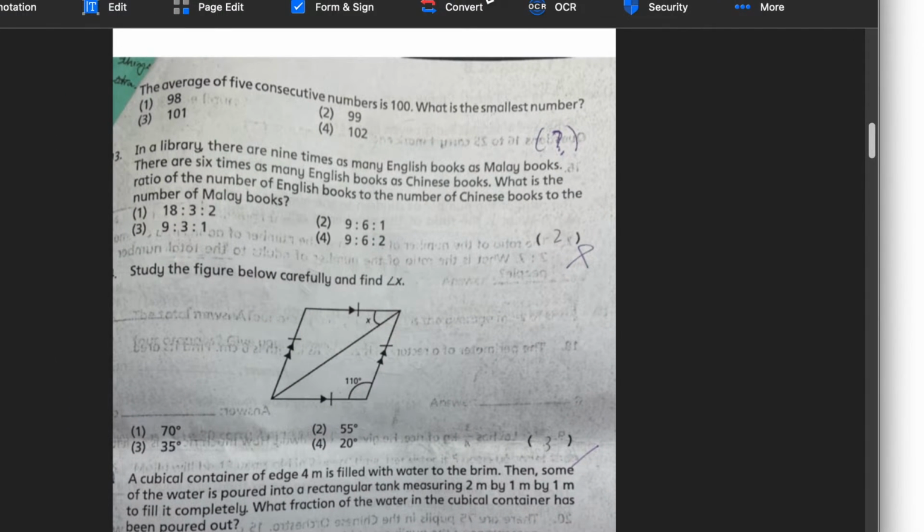Okay, question 12, it says that the average of the 5 consecutive number. What's the meaning of 5 consecutive number? It means that continuous number. Okay. So it says that the average of 5 consecutive number is 100.